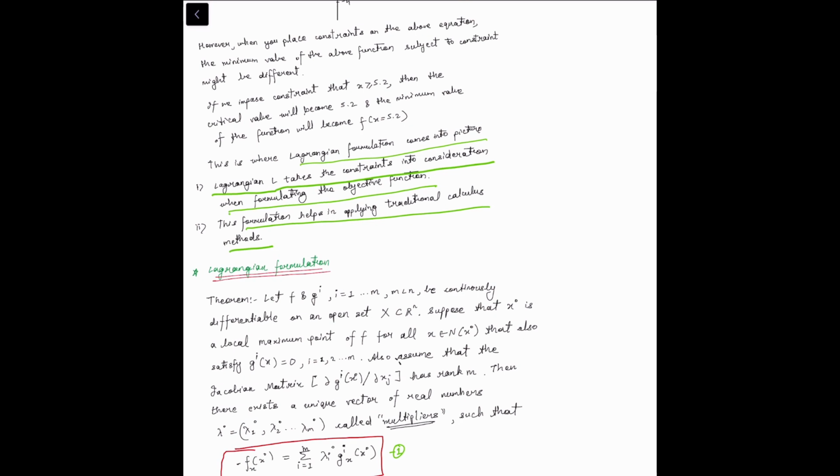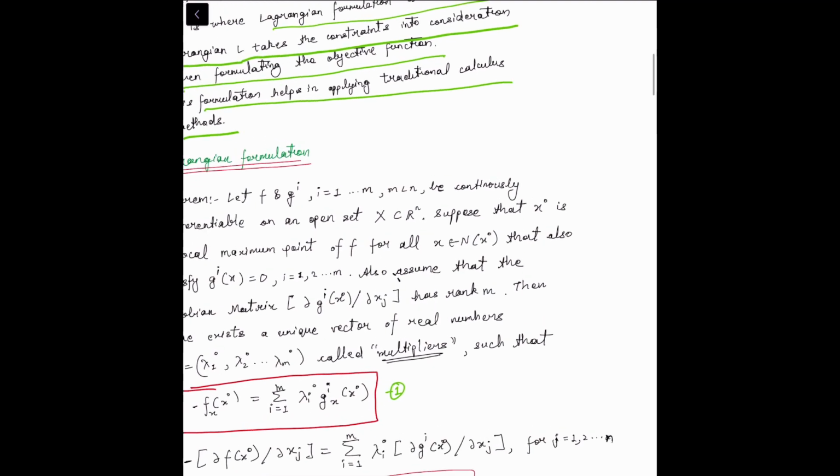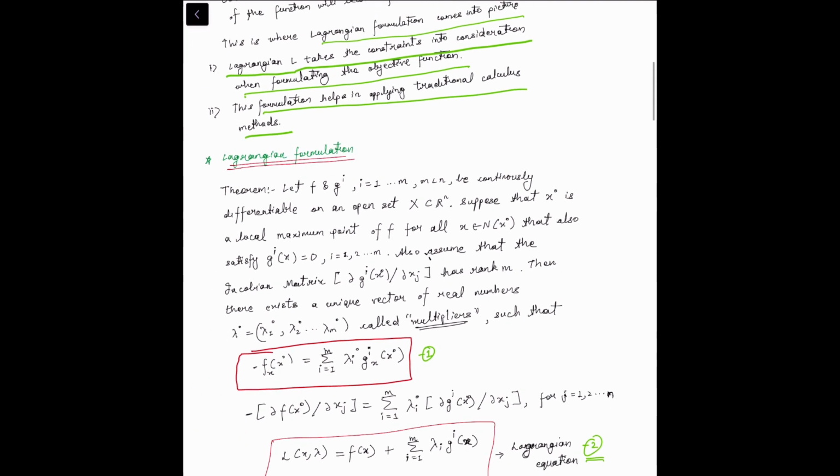Now we know the importance of the Lagrange formulation. Let's understand the mathematical definition of it.